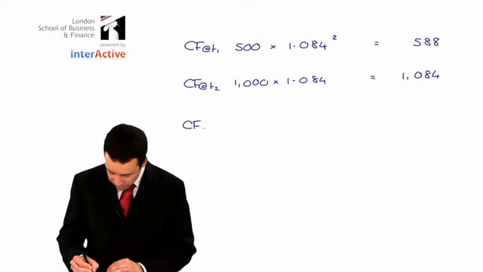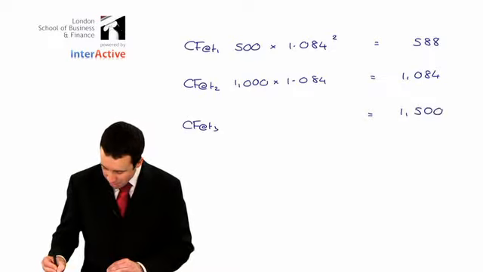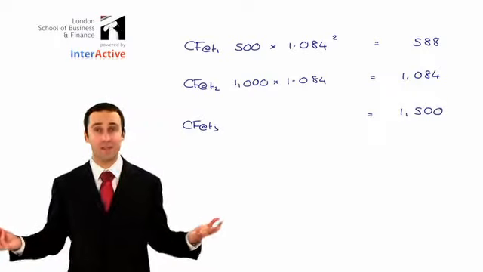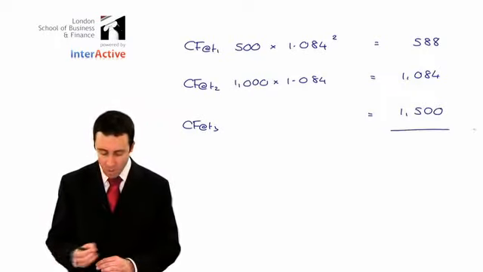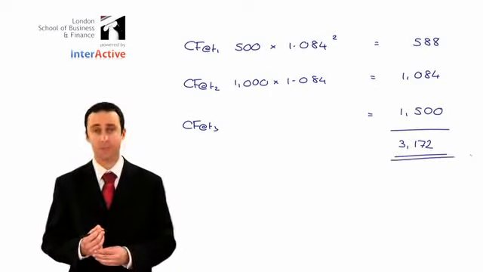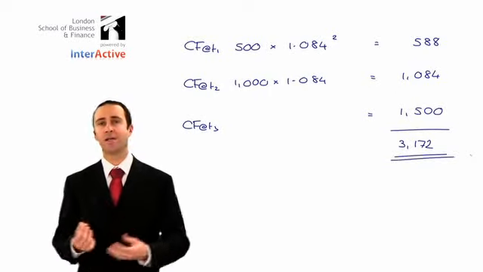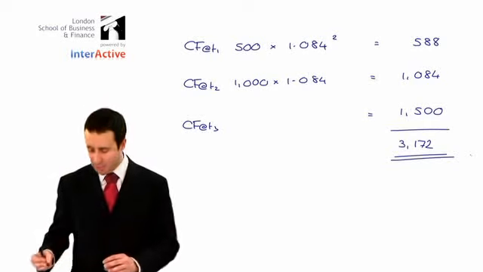In terms of your cash flow at T3, we can't really reinvest that at your IRR because that's the cash flow that we received at the end of the project, and it's finished, it's done and dusted. So if we total that up, it gives me 3,172. The overall return that we get on this project is 3,172. What's that then as a percentage?